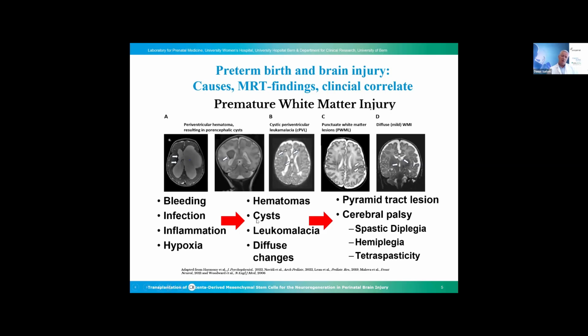And then you can see what the consequences are, which you can also see on MRI or on ultrasound, which is usually hematomas, cysts, leukomalacia, but also diffuse changes.